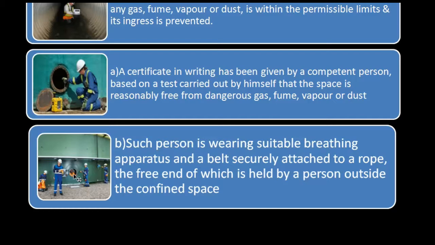Another safety measure is that he has to be tied with a rope or a belt, the other end of which should be held by a person who is outside the confined space. So in case of any emergency, that person can be taken out without another person entering the confined space. These are the precautions to be taken before any person enters a confined space. So we will move on to our next section.